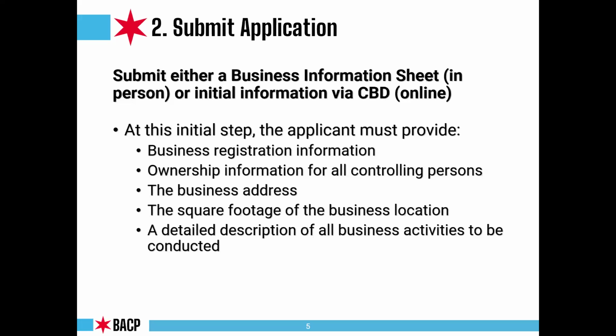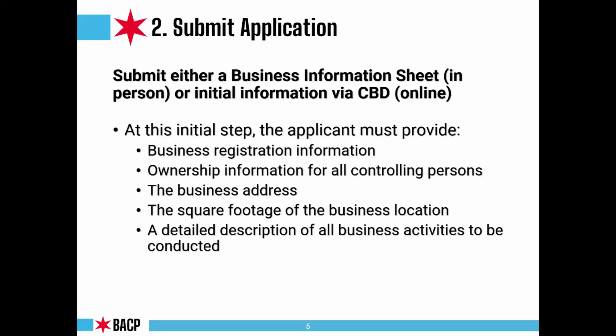As part of your application, we will also need the square footage of the business location. The reason being is because for some license types, the license fee itself is driven by the square footage. An example of this would be a restaurant. The license fee is determined by the square footage of your space of operation. On the other hand, if you're operating just a retail store, the standard fee there is going to be $250.